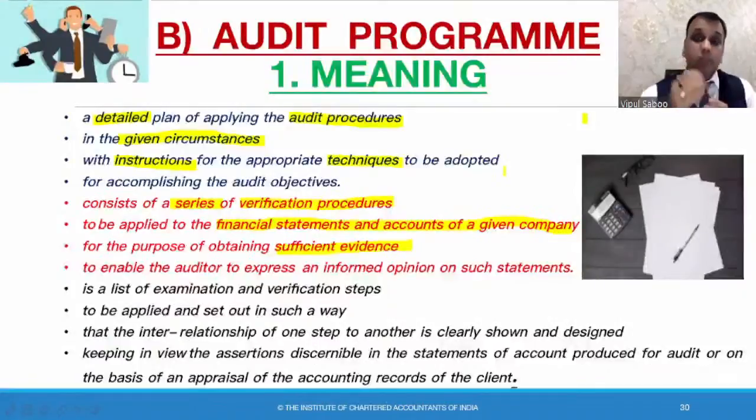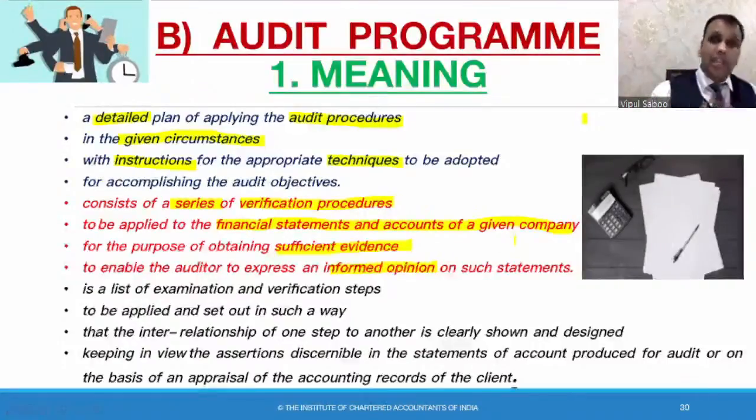You will come across a term, appropriate and sufficient evidence, right? Sufficient, required in good number. That is, if we are able to satisfy our requirements, that much evidence to enable the auditor to express an informed opinion on such statements.